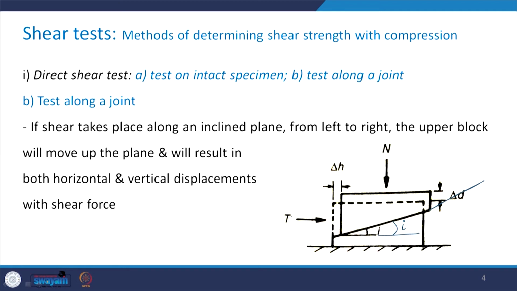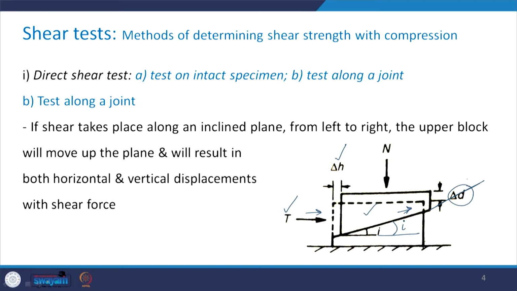Now, if the load T is applied from left to right, what will happen? This upper block will try to move upward, that is in this direction along this plane. So, because this plane is sliding, this will have horizontal as well as vertical deformation.